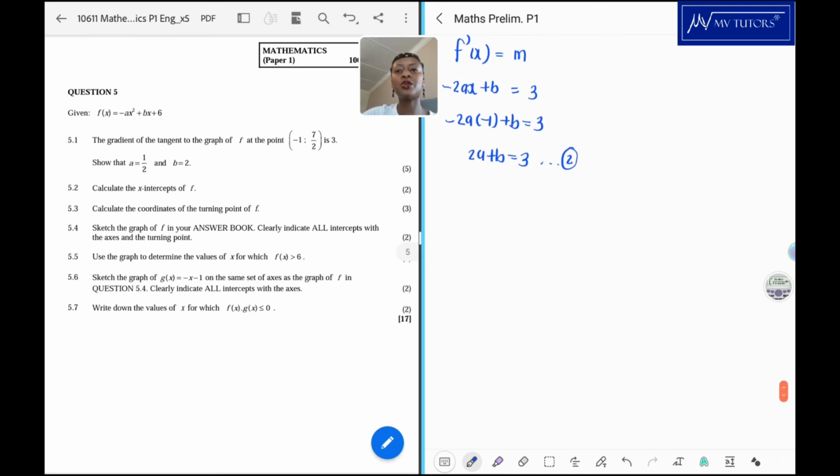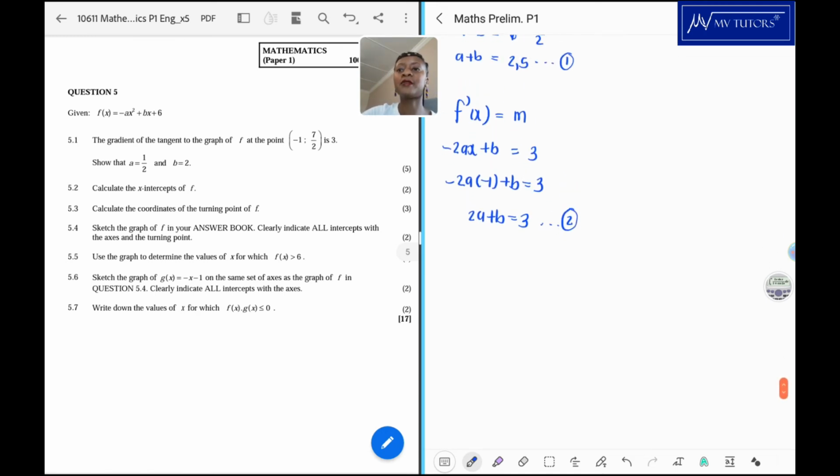Now I'm going to take the second equation and subtract the first equation. So I have 2a plus b is equal to 3, minus a plus b, 2.5. The b's cancel out, and 3 minus 2.5 is 0.5.